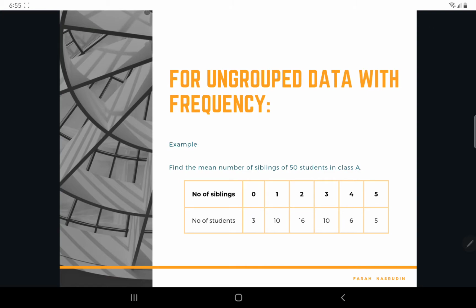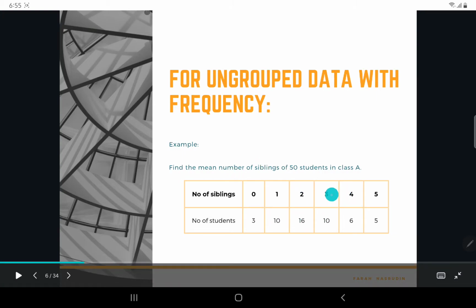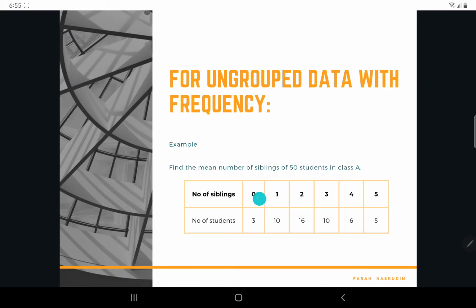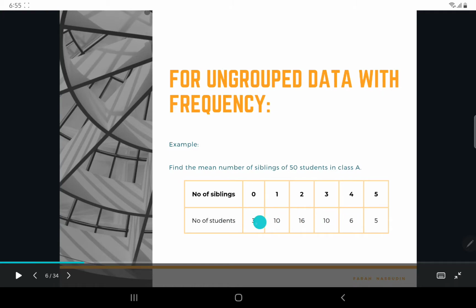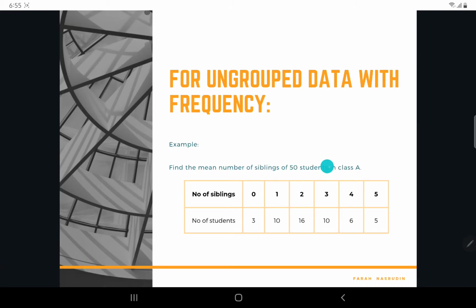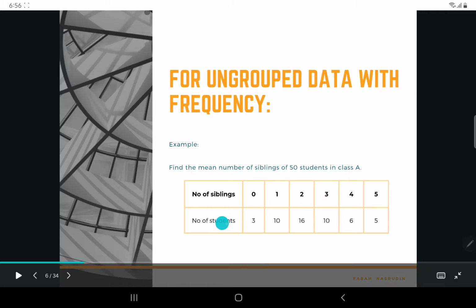Okay, next, for ungrouped data with frequency. For example, this data given, you can see that this data is the ungrouped data and you are given a frequency here on the second row. We want to find the mean number of siblings of 50 students in class A. So how do you know this second row is the frequency?